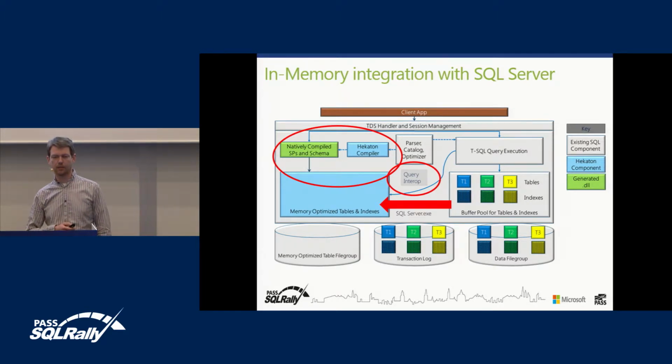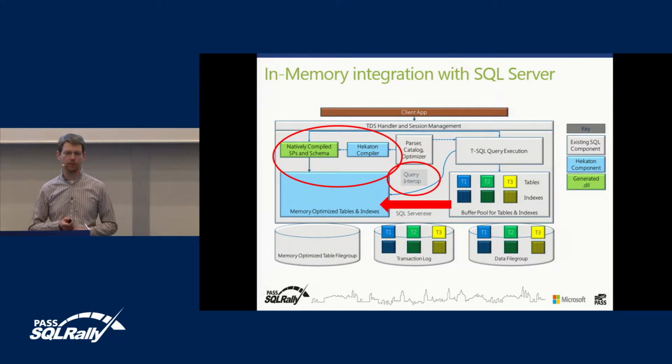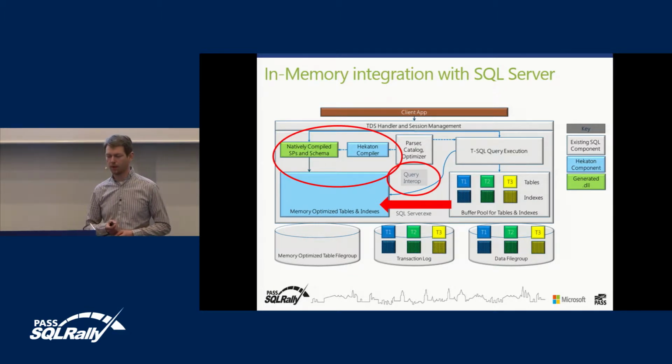That means that from our regular T-SQL stack, from our disk-based tables, where we usually write our SQL code, we can actually interact with our memory optimized tables and indexes. It's a one-way street, please note that. The arrow only goes one way. You cannot come from the natively compiled stored procedures into your disk-based objects. They can only reference the memory-optimized objects.